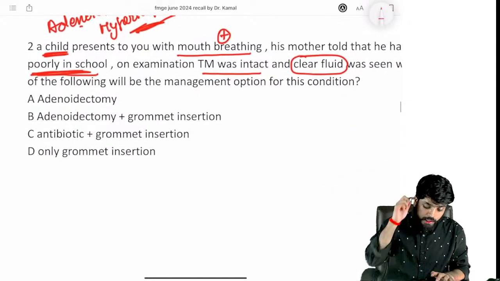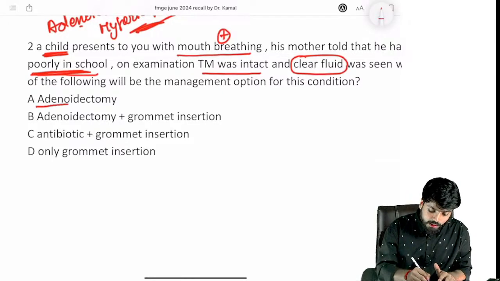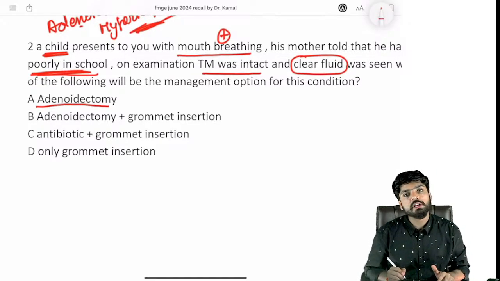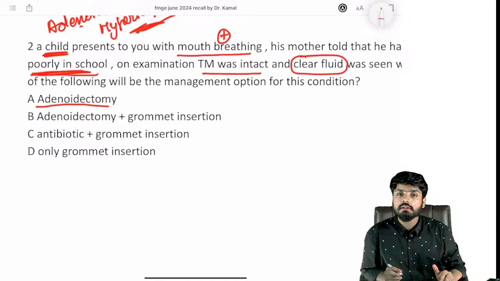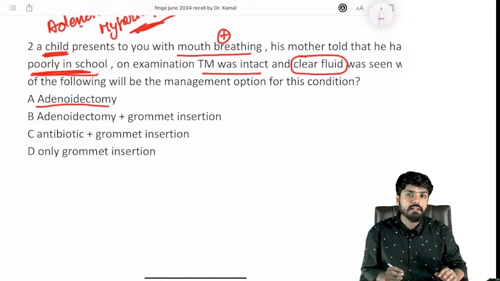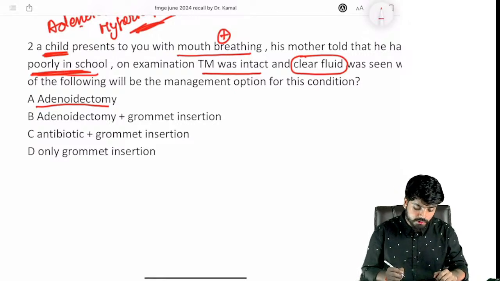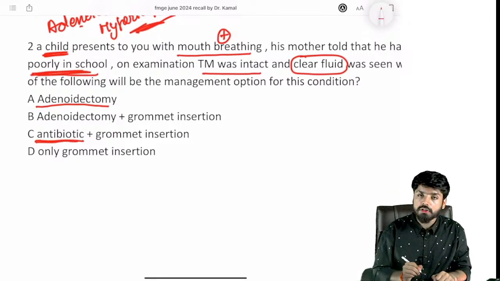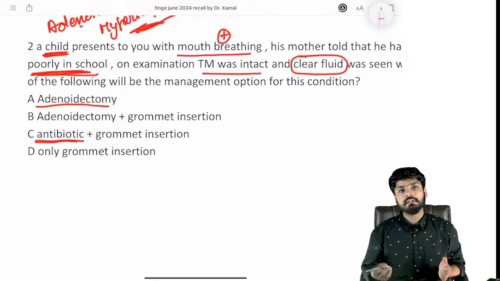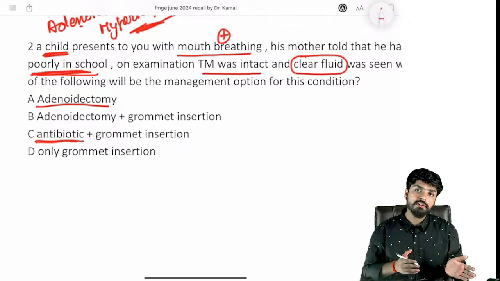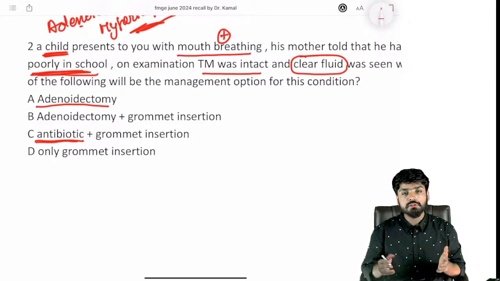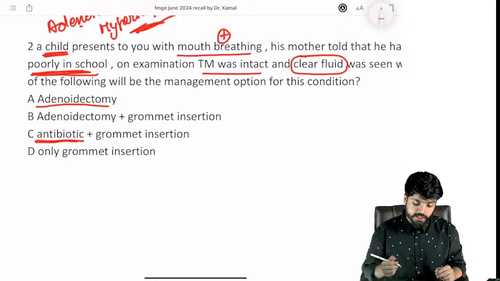Now, adenoidectomy alone will not suffice because the fluid is already filled in the middle ear. Yes, I will take out the adenoid and the breathing part will resolve, but the fluid is already there. The hearing capacity of the child is already hampered. Antibiotic in this case is not required because it's serous. It's not suppurative. There is a difference between suppurative and serous. It's not infected, so I will not give antibiotics to the child.